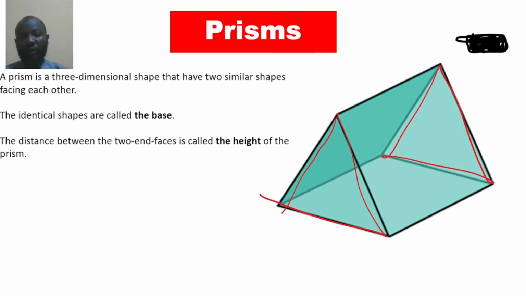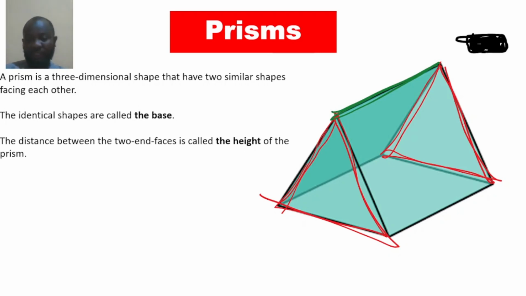So the bottom of this shape here is this triangle, and the top is the same triangle. And the distance between the similar shapes, which is this line, is the height of the prism.